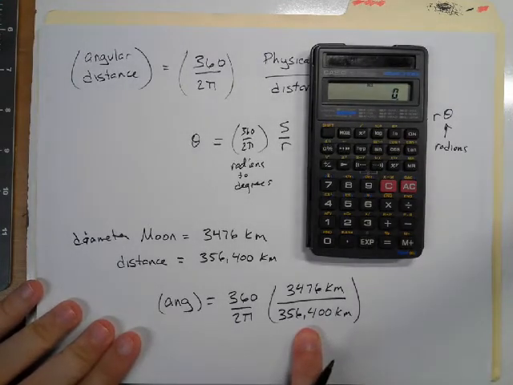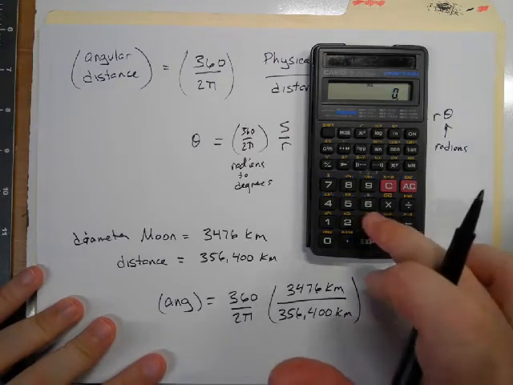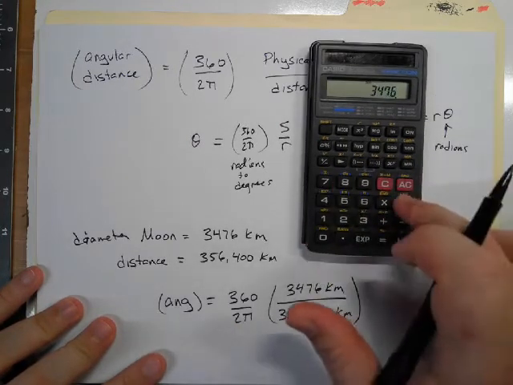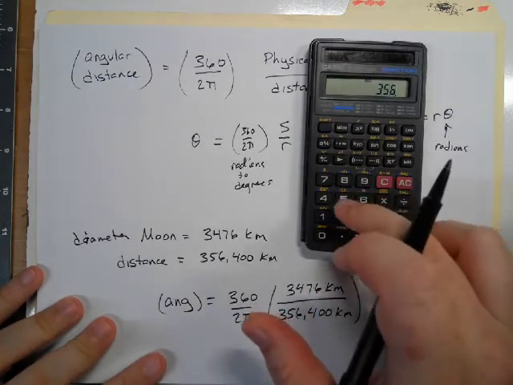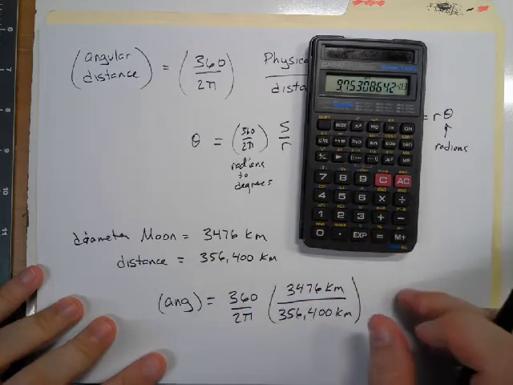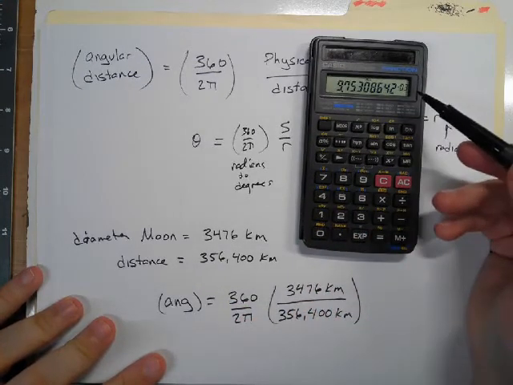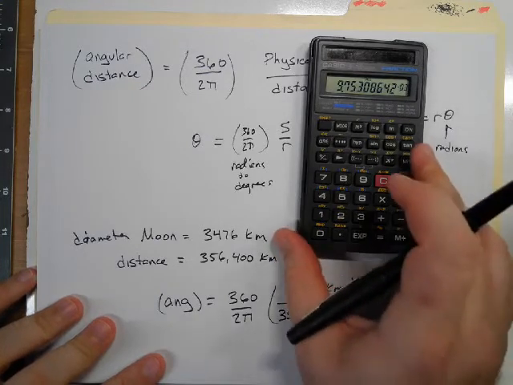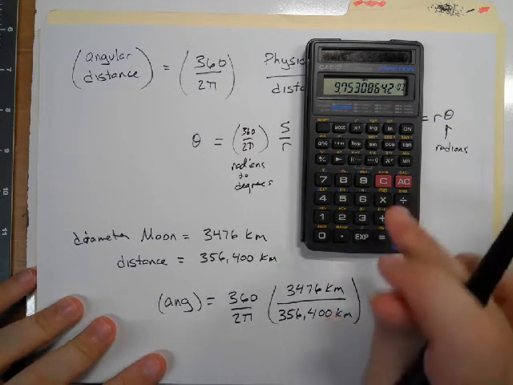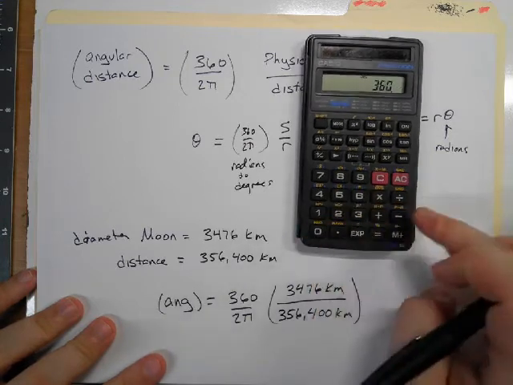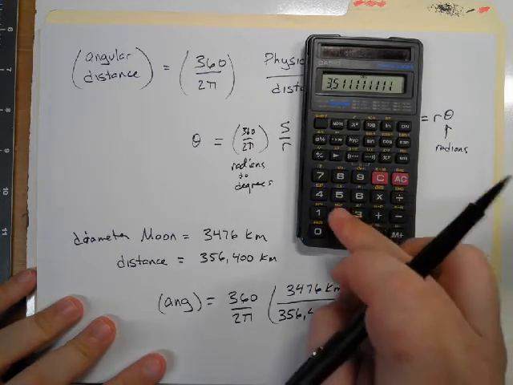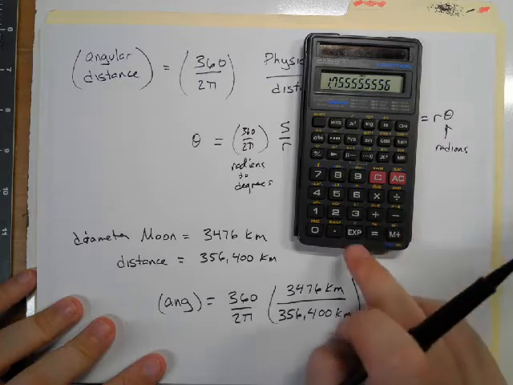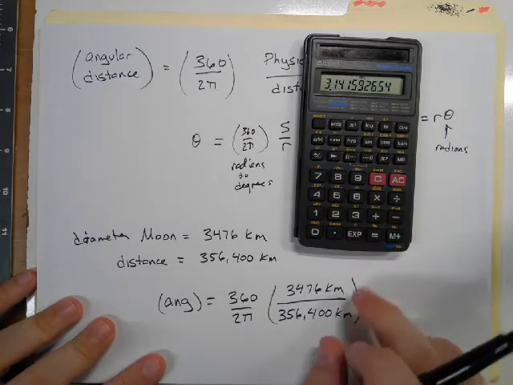I'm going to do the thing in parentheses first, and then I'm going to do this unit conversion. So we do 3,476 divided by 356,400, and we get some very small number, which makes sense. This is not a big thing. And then we'll do times 360 divided by 2, and then divide by pi, and I have a button for pi.